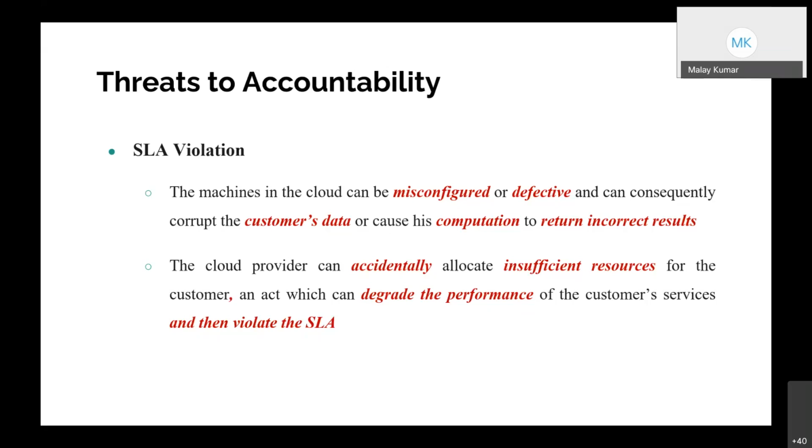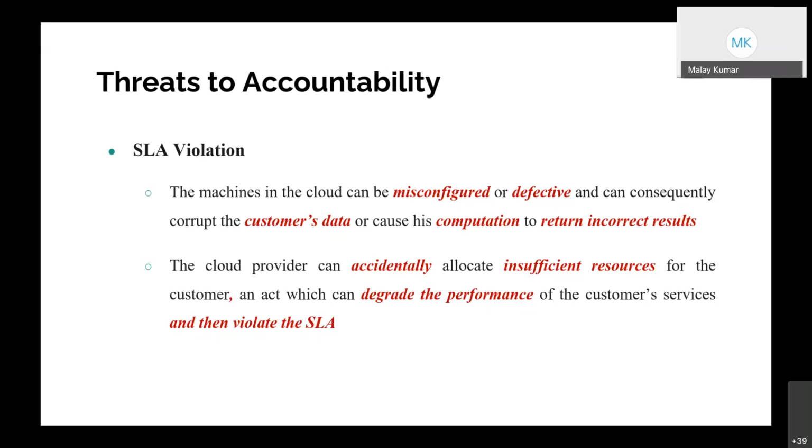I hope it never happened on a local system. If you write a correct program semantically and syntactically, you will definitely get the correct result.